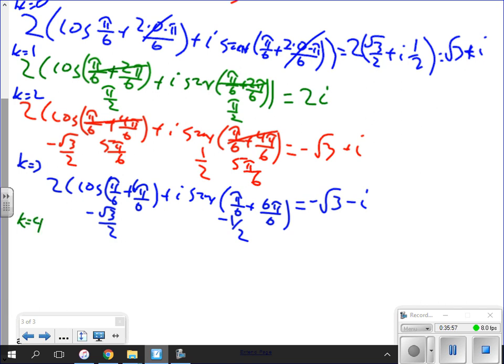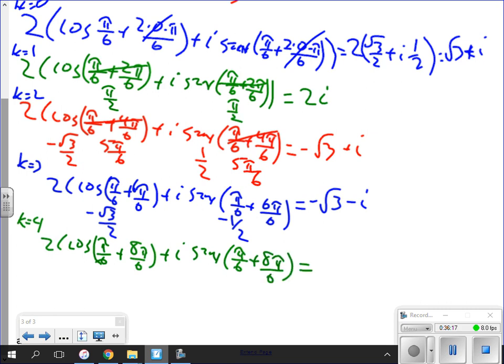K equals 4. 2 times the cosine of pi over 6 plus 8 pi over 6 plus I sine of pi over 6 plus 8 pi over 6 equals 8 pi plus 1 pi is 9 pi. 9 pi over 6 reduces down to 3 pi over 2.